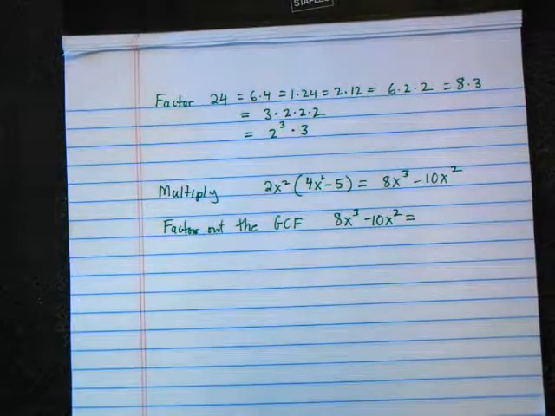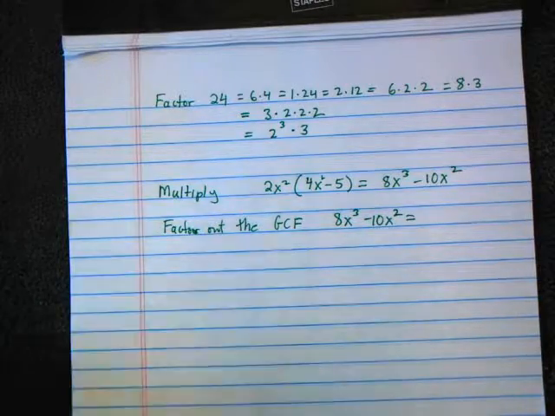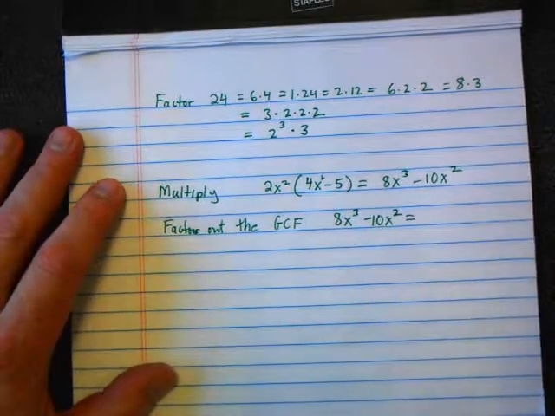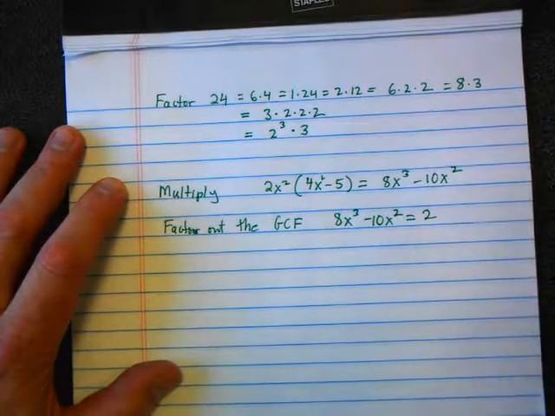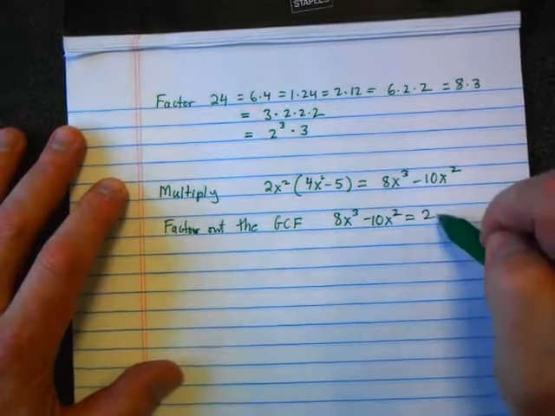And what we do is we look to see what they have in common. I've got an 8 and a 10. What do 8 and 10 have in common? 2. And then I have an x cubed and an x squared. X squared.